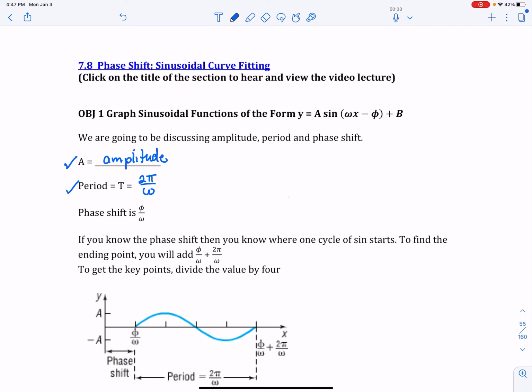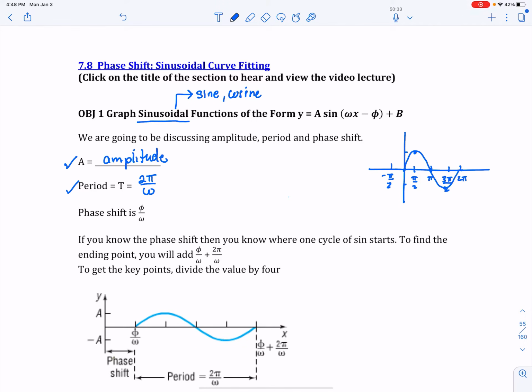I have to mention before I move on, sinusoidal functions means we're looking at functions such as sine and cosine. The reason why cosine is sinusoidal is because if you look at the graph of sine, and I'm going to graph this really quick, pi over 2, pi, 3 pi over 2, and 2 pi. Right now I'm just drawing the parent function. The parent function of sine looks like this.